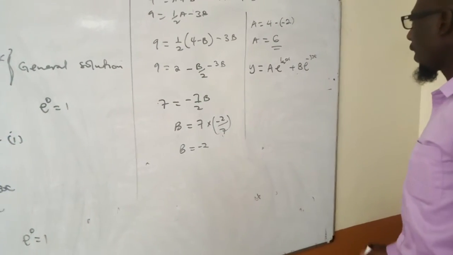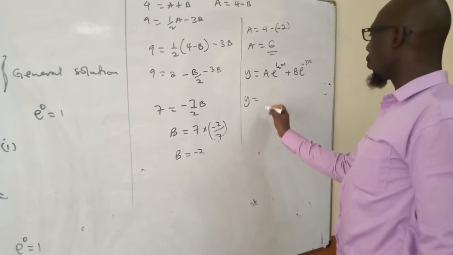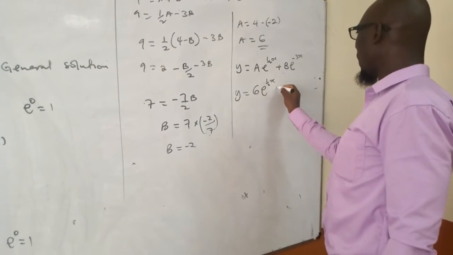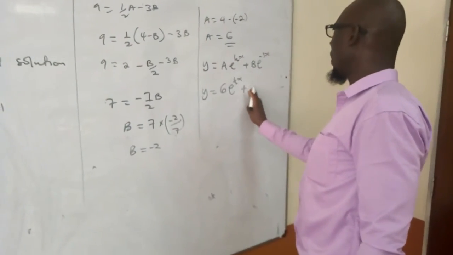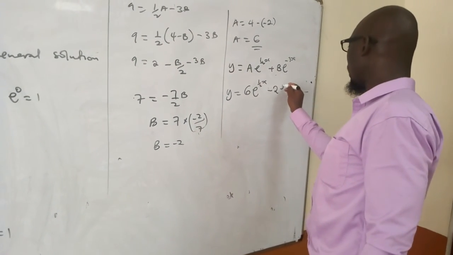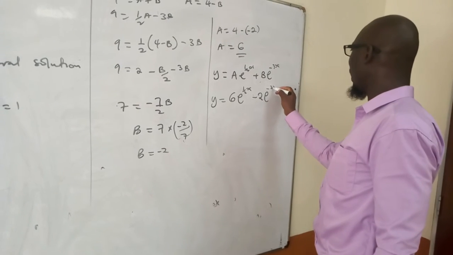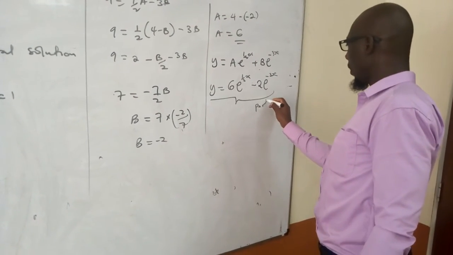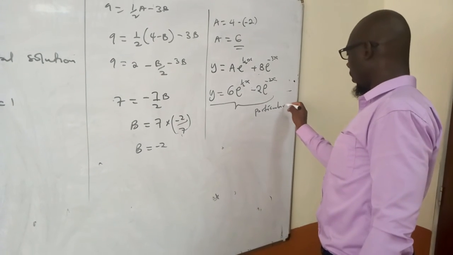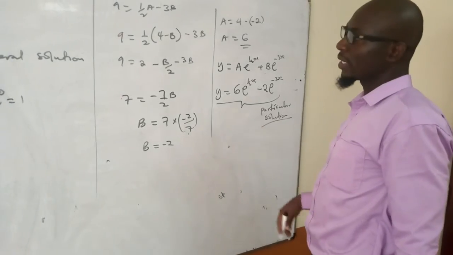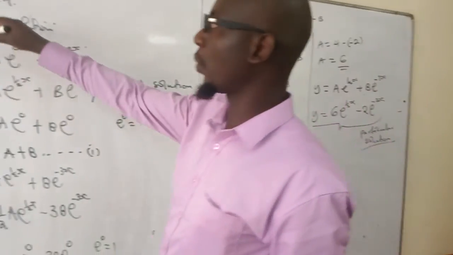Replace the values of a and b, you get y is equal to a, which is 6, exponential of a half x, plus b, which is, what's the value of b? Negative 2 exponential of negative 3x. So this one is now our particular solution. This is now the particular solution of this second order differential equation.